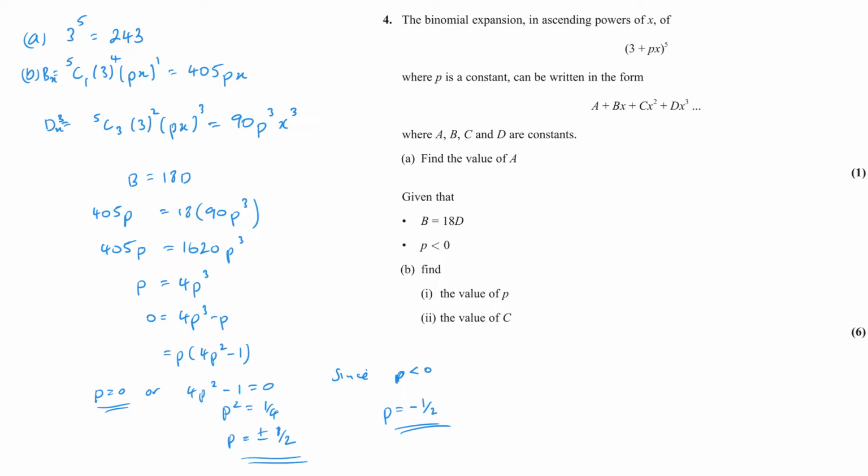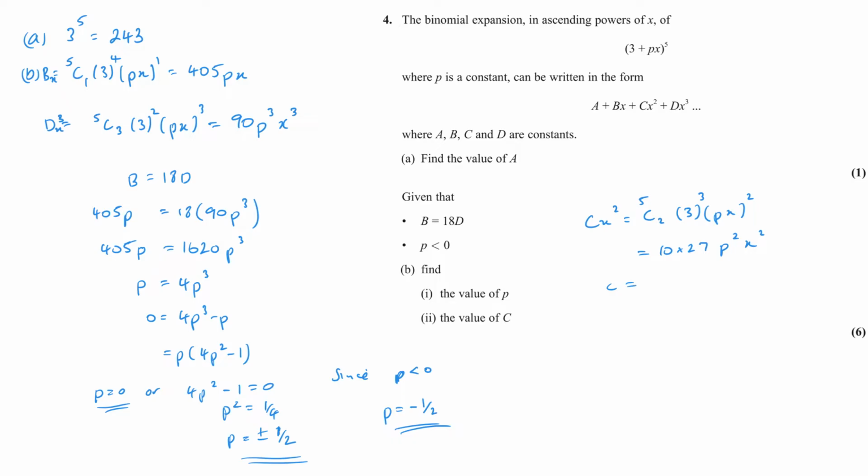Now find the value of c. So c x squared, that's going to be when it's x squared, so it's 5c2 times 3 to the power 3 px squared. So 5c2 is 10 times 27 p squared x squared.